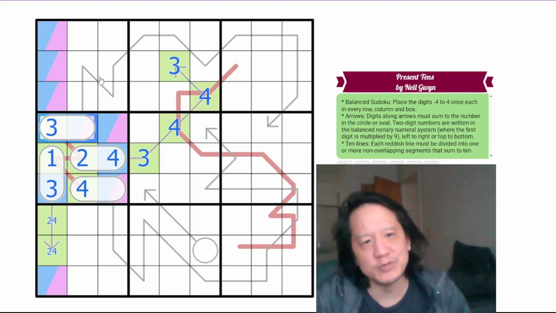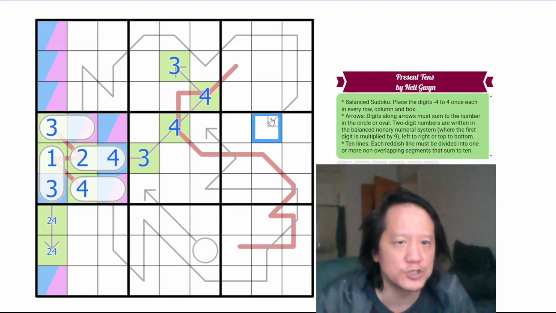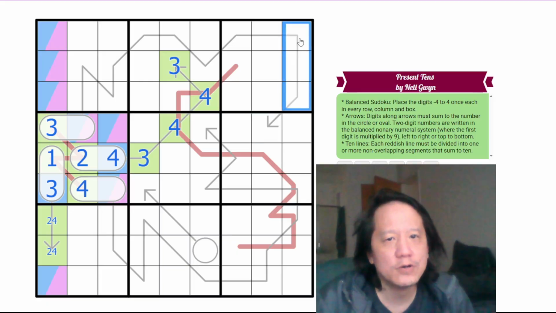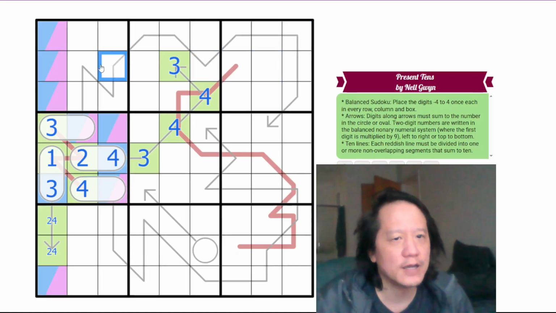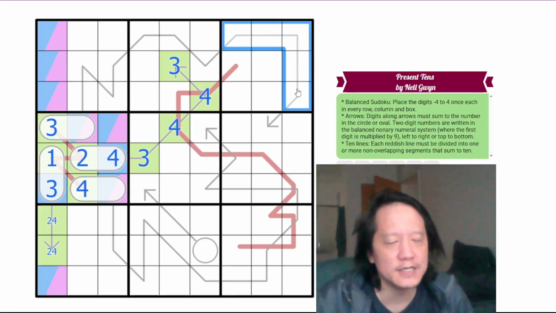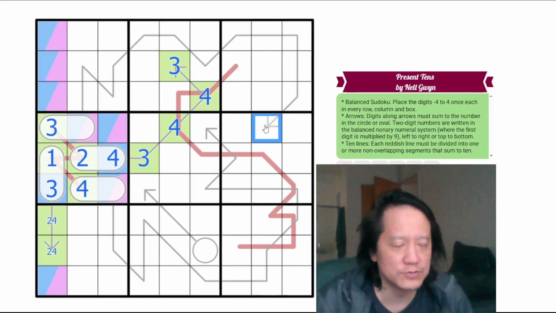So this has to be 25. This is 1 or 2 at most here. So 2 at most here. 1, 2, 3, 4 at most here. 1, 2 at most here. And 1, 2, 3, 4 at most here. That's 10, 20, 3, 25 at most.